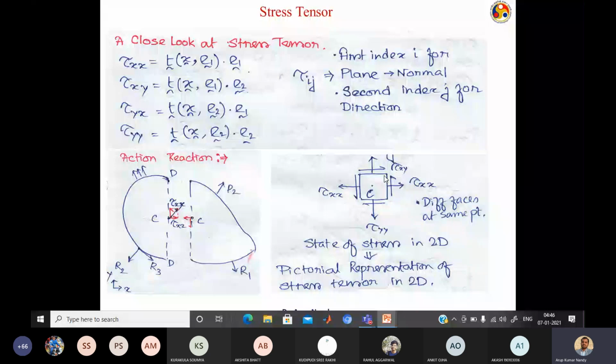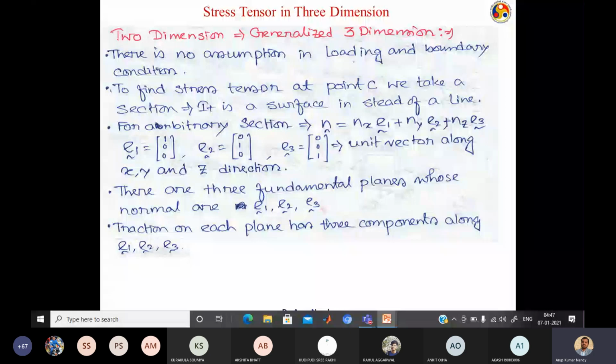These are actually different planes at the location of C. So this is your positive x plane whose normal is in the positive x direction. Although it is represented like a square, all 4 planes are actually at point C. The meaning of this figure I will explain just after the sign convention.